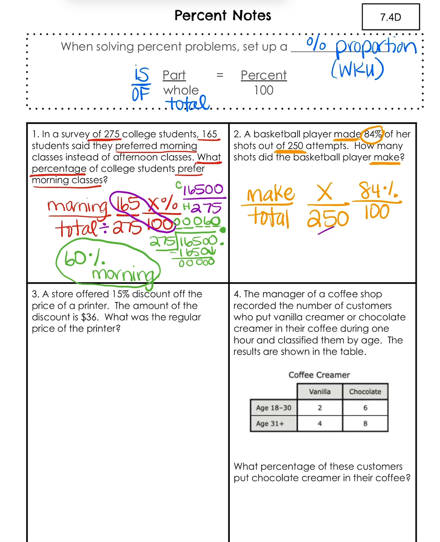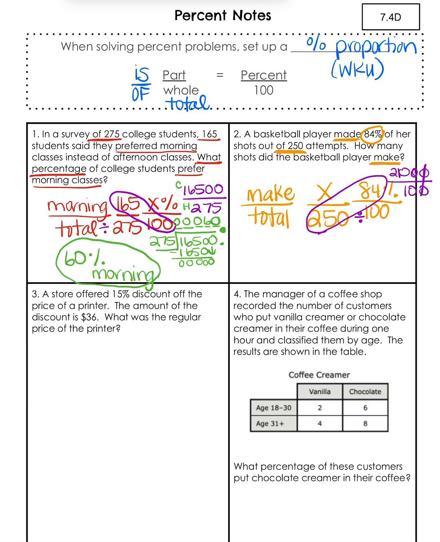I'm multiplying corner to corner, leaving my x outside. So I have to do 250 times 84. That's going to be 21,000, 3 zeros, 1,000. And then remember, we divide by our extra number. So we're going to divide by 100.